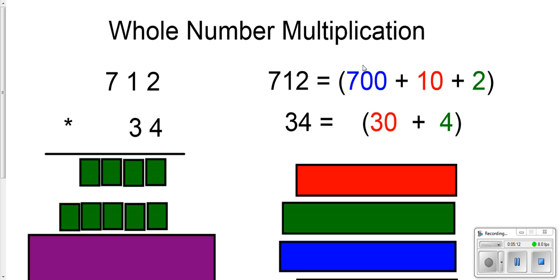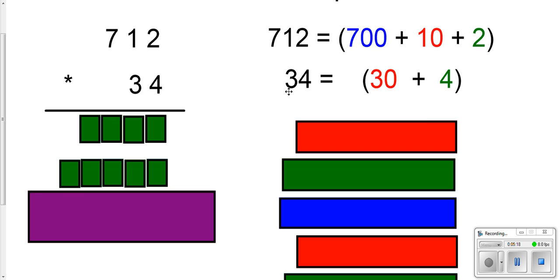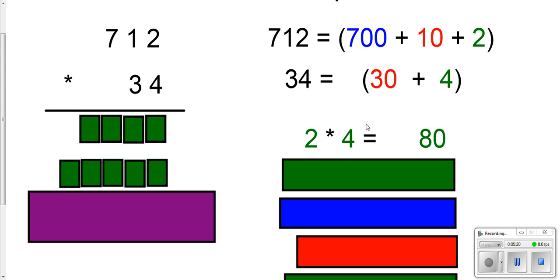So notice, each of these pieces needs to go with each of these pieces. When I do that, this time I am going to start at the bottom and say 2 goes with the 4. 2 times 4 makes an 8.